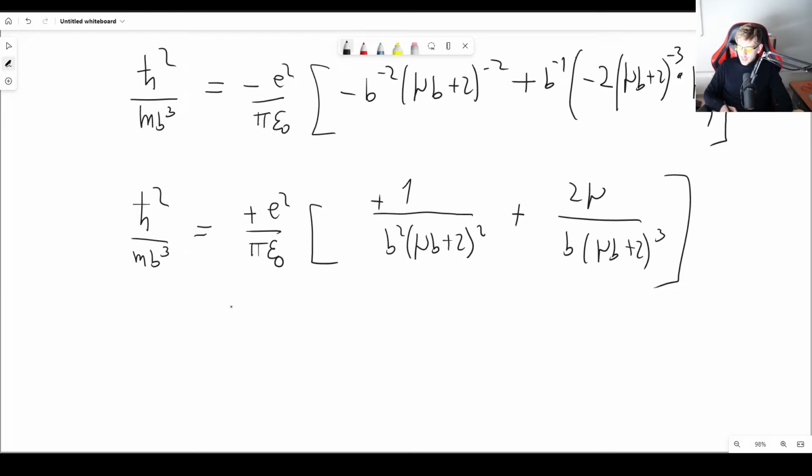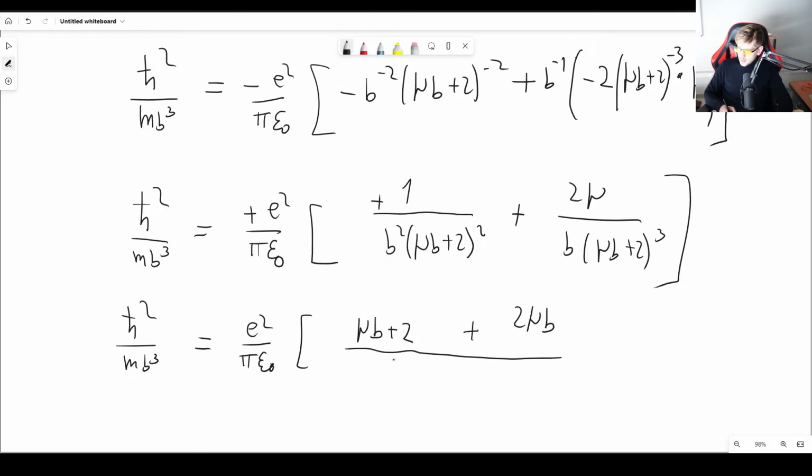So now let's take the common denominator. Once again, h bar squared over mb cubed is equal to e squared over pi epsilon 0. Interesting epsilon, but okay, so we need to multiply this by mu b plus 2, and we need to multiply the other side by, let's see, only b, right? 2 mu b.